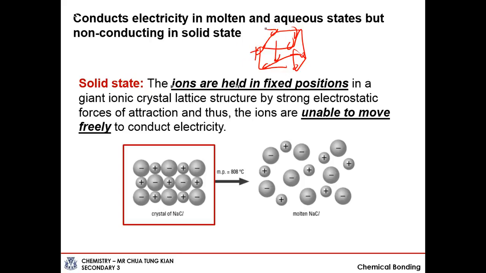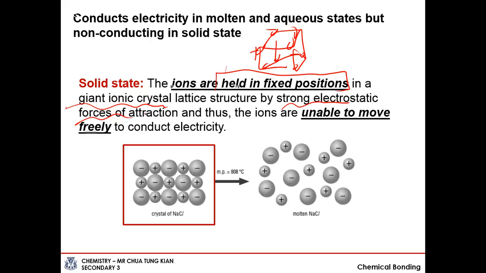So if the ions can migrate, they can also carry a charge. But they cannot migrate if they are stuck in their positions in the 3D crystal lattice structure. Okay, so in solid state, the ions are held in fixed positions. They cannot move. They are held in fixed positions in the giant ionic crystal lattice by what? By strong electrostatic forces of attraction.